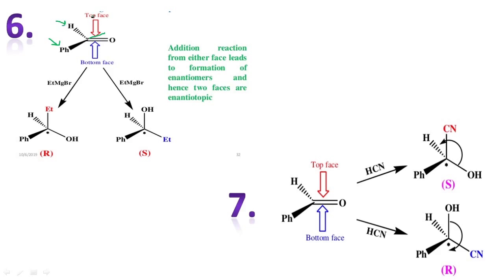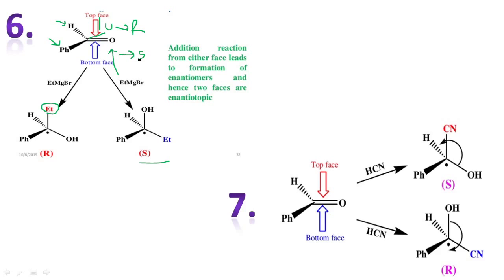When there is an addition from the upper face, when you react it with Grignard's reagent, there is addition of an ethyl group. So the configuration is R. And when there is an attack of the nucleophile from the bottom face, there is formation of S. So the upper face is pro R and the lower face is pro S. R for rectus and S for sinister. So the upper face we call pro R.